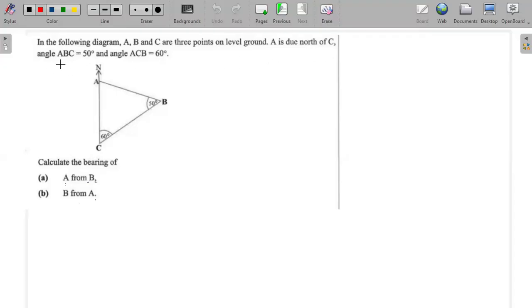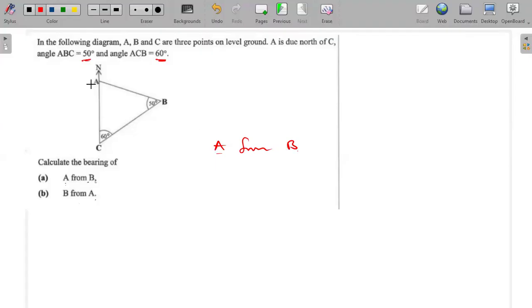The angle ABC at B is just 50 degrees, and angle ACB is 60 degrees. Find the bearing of A from B.